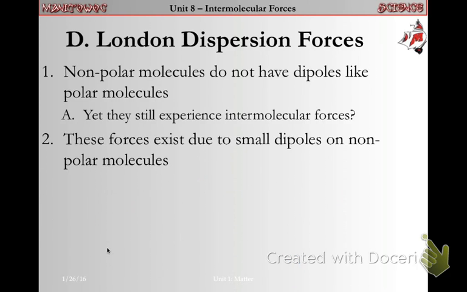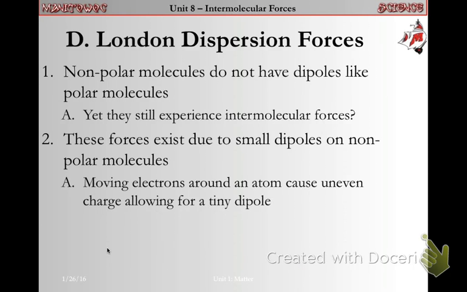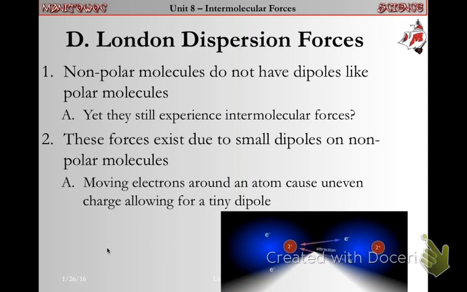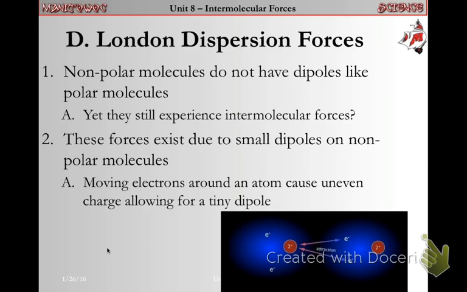These forces exist due to small dipoles that are formed on these nonpolar molecules. And these small dipoles are formed because moving electrons that spin around an atom can cause an uneven charge. So if you look at two helium atoms, which are very neutral, once in a while electrons will become unevenly distributed.